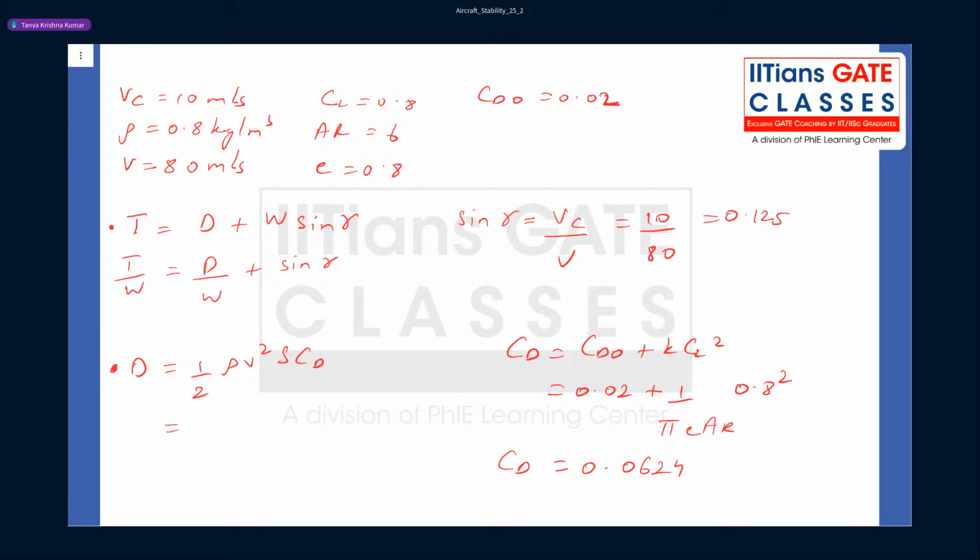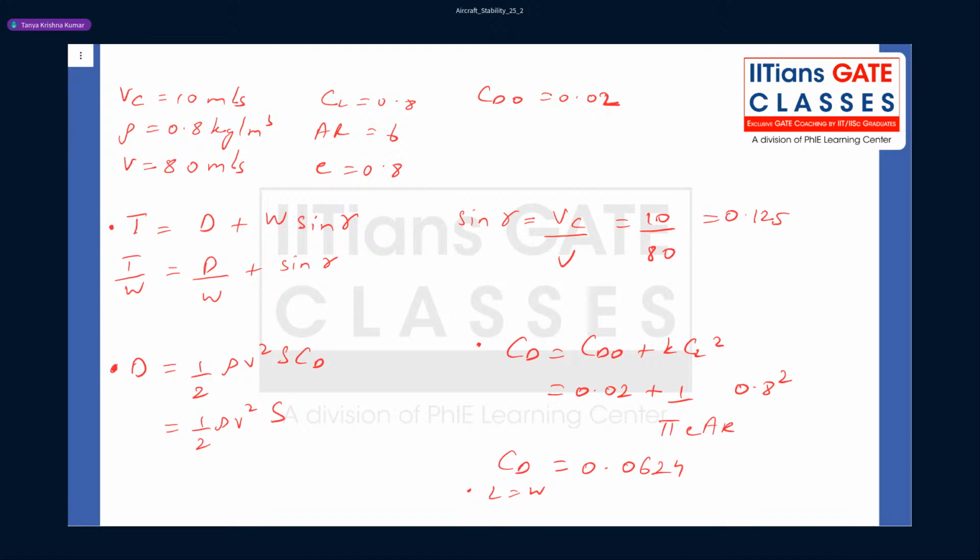Now plug CD into the drag equation. We get half rho V squared S CD. Before that, we also don't have the other parameters, like S and half rho V squared. It's given as a steady level flight, so you can assume lift equals weight. This was one assumption. Lift equals weight.